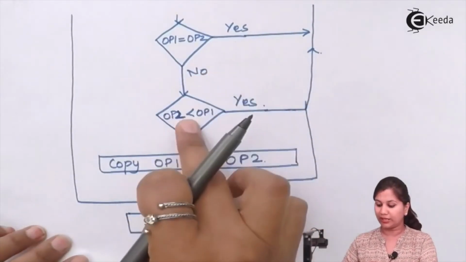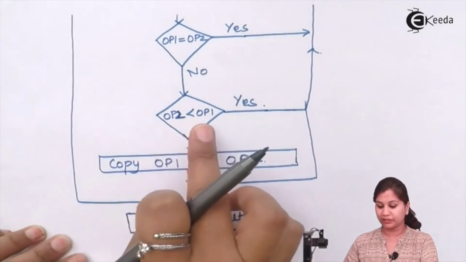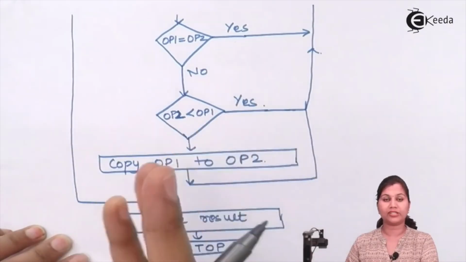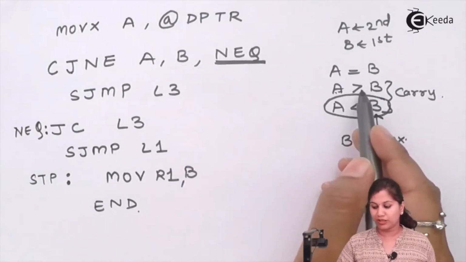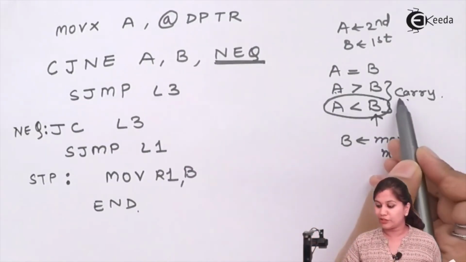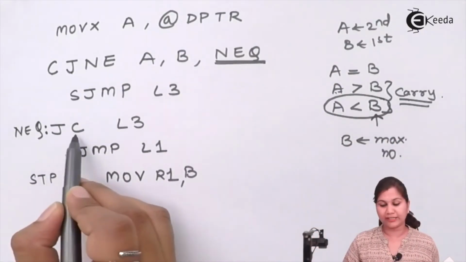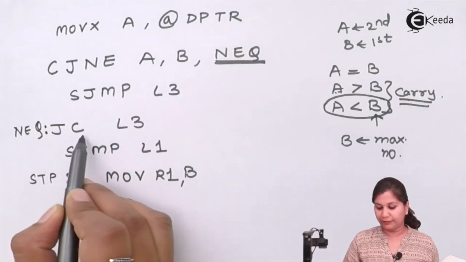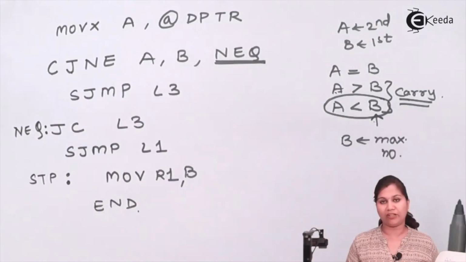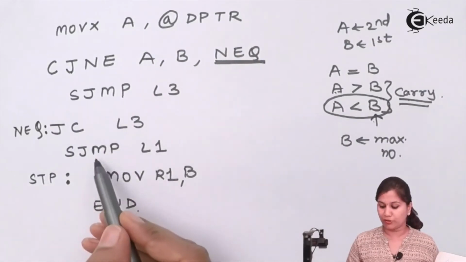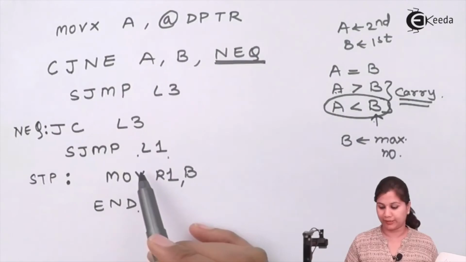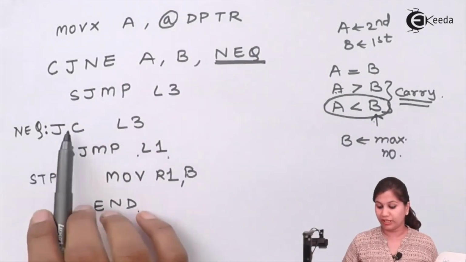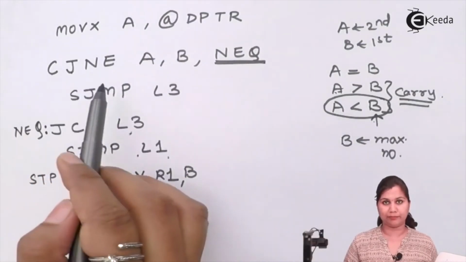After that, it will check which number is greater, either register A is greater than B or B is greater than A. These two conditions are to be checked, so we check the carry flag. If carry is generated, it means register B holds our maximum number, so we jump to L1 and repeat the process.